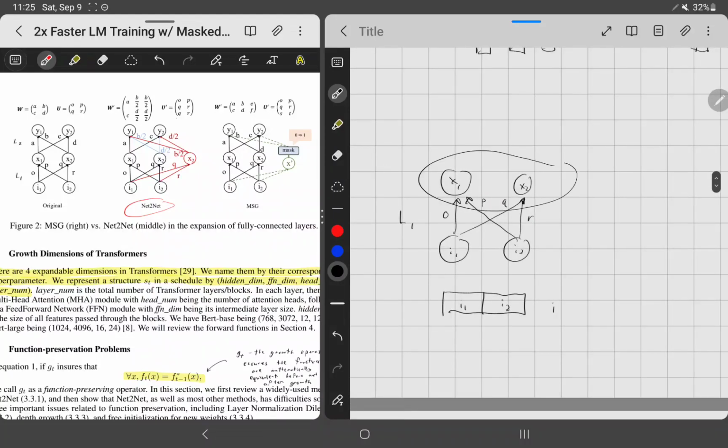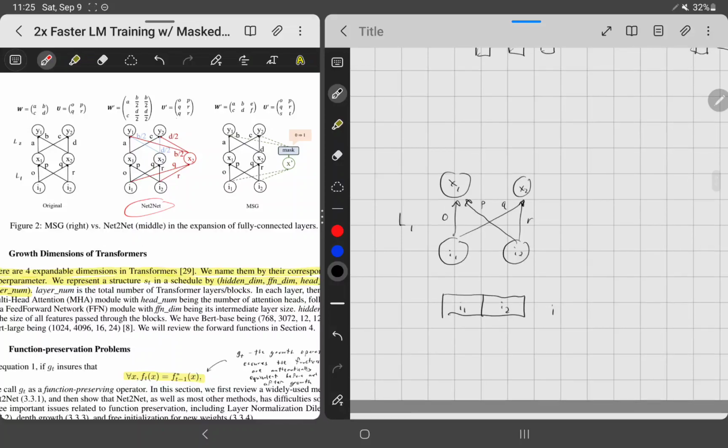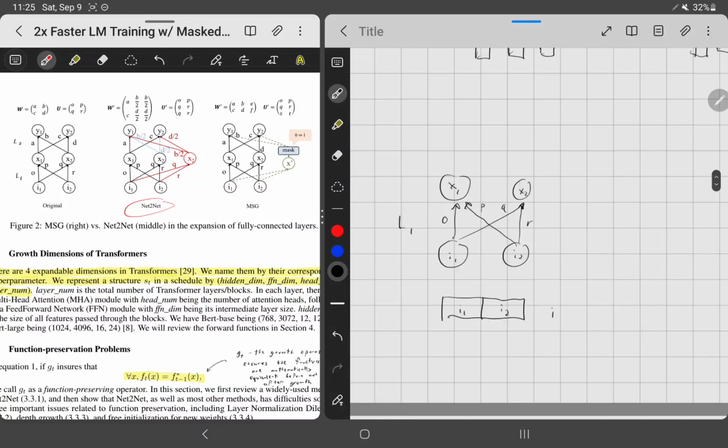And the second layer is just the output of these weights, and this neuron here also has its activation function. So maybe that's a sigmoid. So x1 would be equal to O I1, activation of O I1 plus P I2, and whatever, normal linear layer behavior.